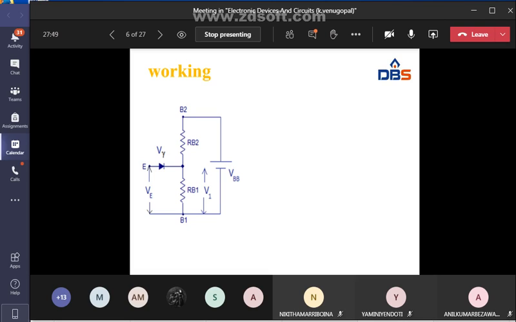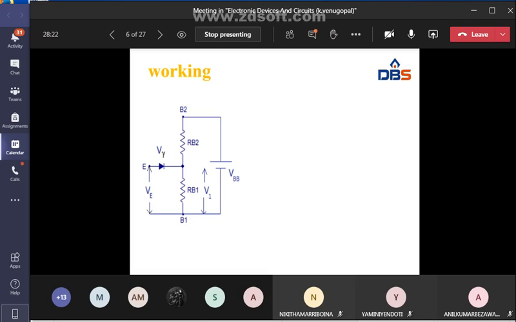Then only minority carrier current flows from base 2 to base 1, the reverse saturation current. Due to minority carriers only, the current flows when the emitter voltage is 0.